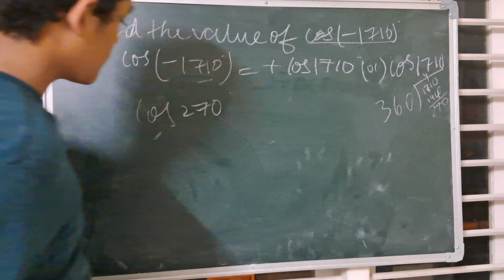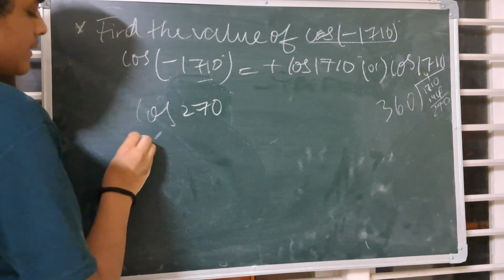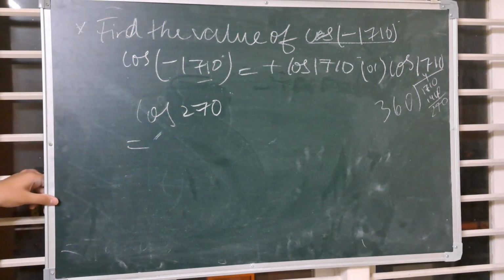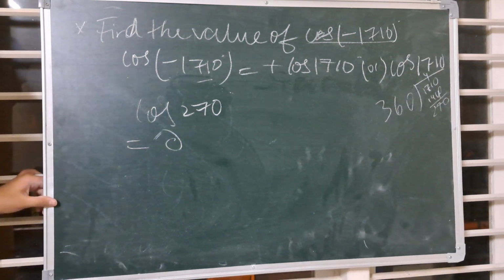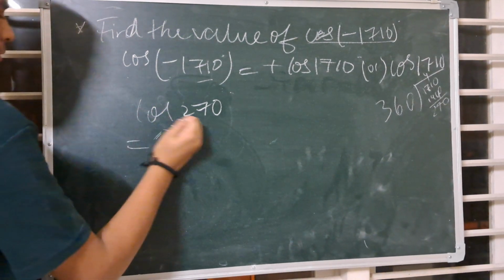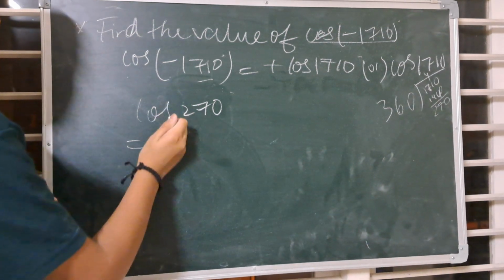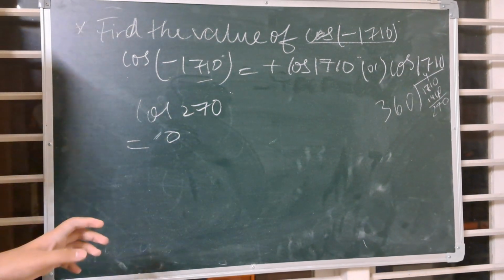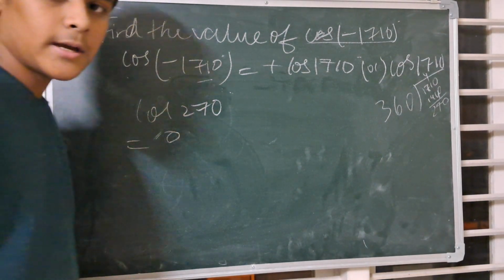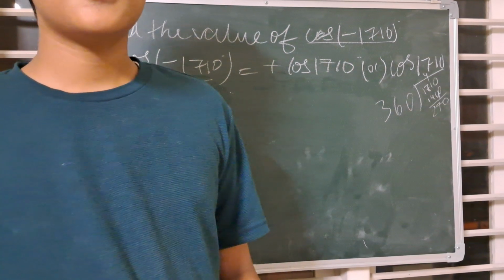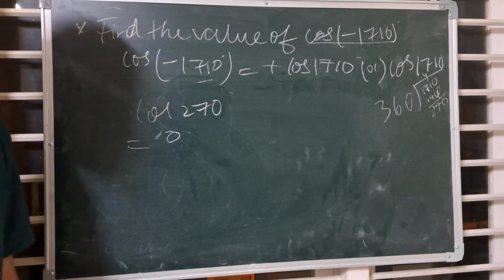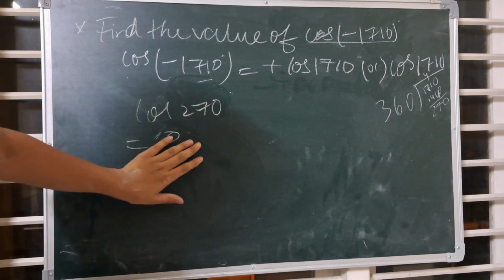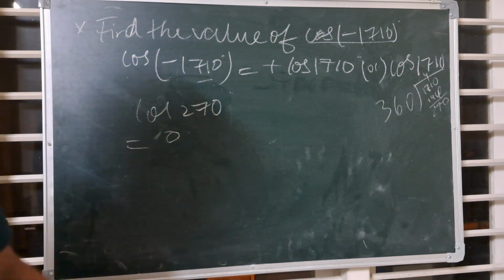Cos 270 value is 0. I'll give you a suggestion, guys. Try to learn the trigonometry table for the full 360 degrees and keep it ready, because it will be very useful while solving the sums.